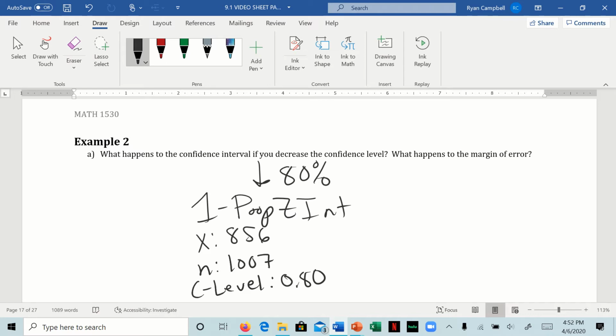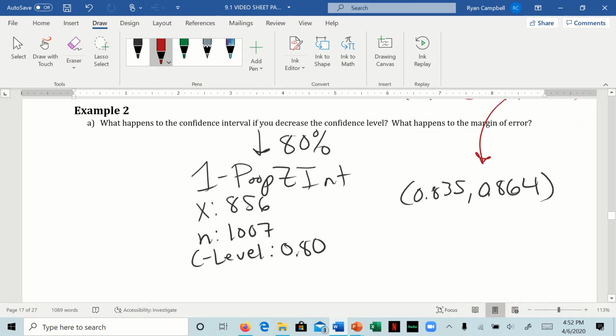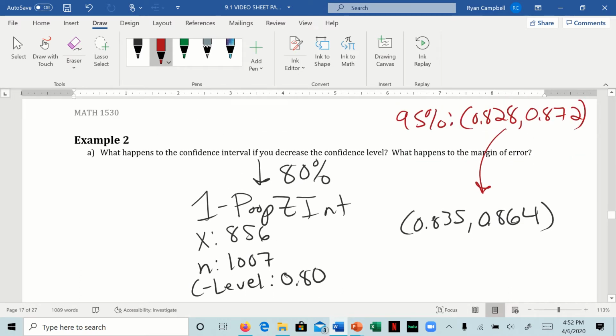So when we hit enter, we get 0.835 and 0.864. With 95% confidence, we ended up with 0.828 and 0.872. So what happened to the confidence interval when we decreased the confidence level? We see that it narrowed, right?